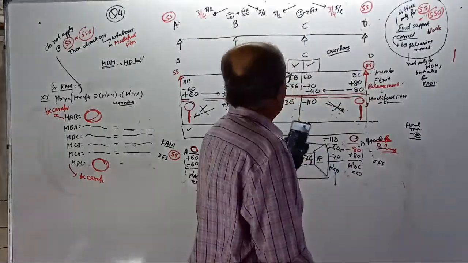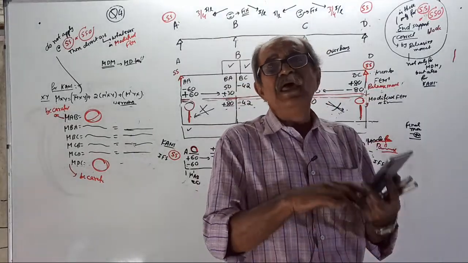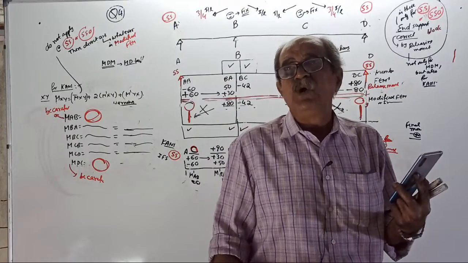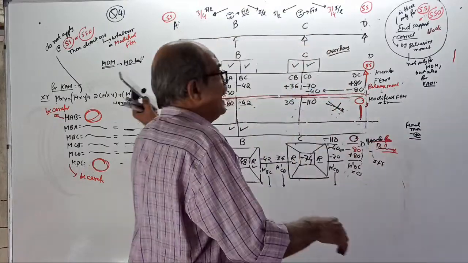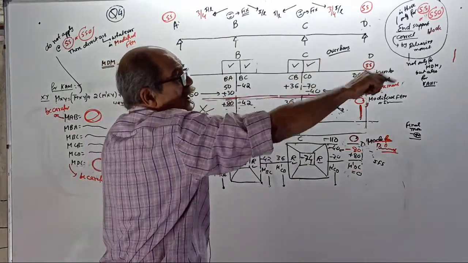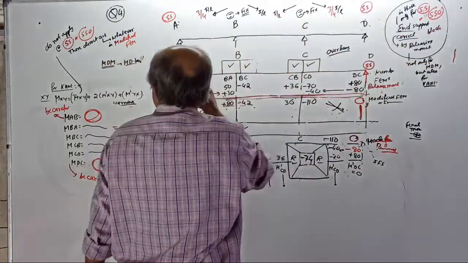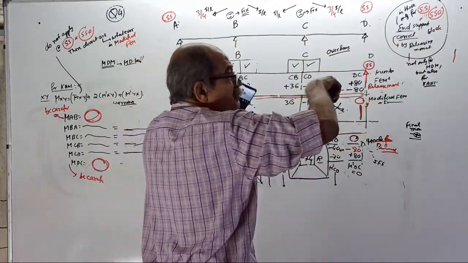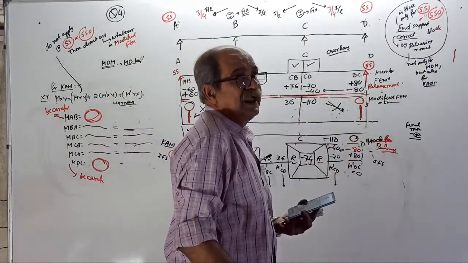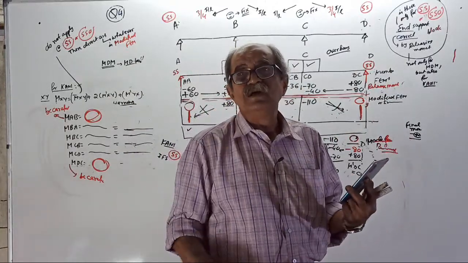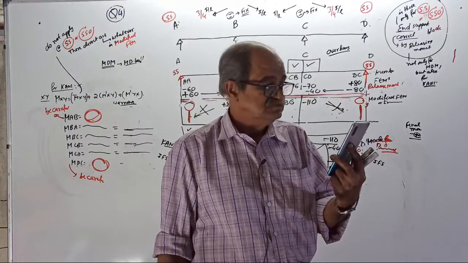So, with overhang, tomorrow we will fully complete. How many questions? Left side fixed, right overhang. Left side simple support, right overhang. Right side fixed, left overhang. Right side simple support, left overhang. Both sides simple support. Both side overhang. How many questions are there?